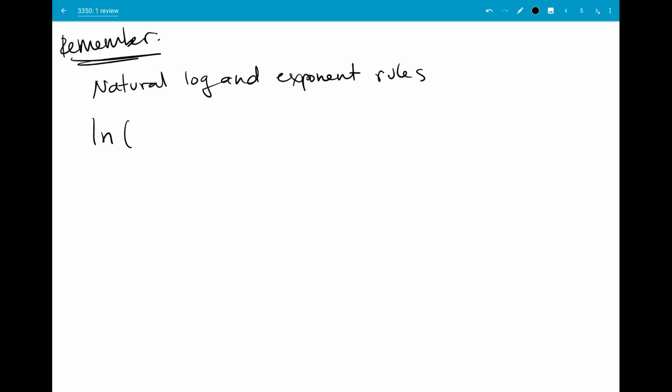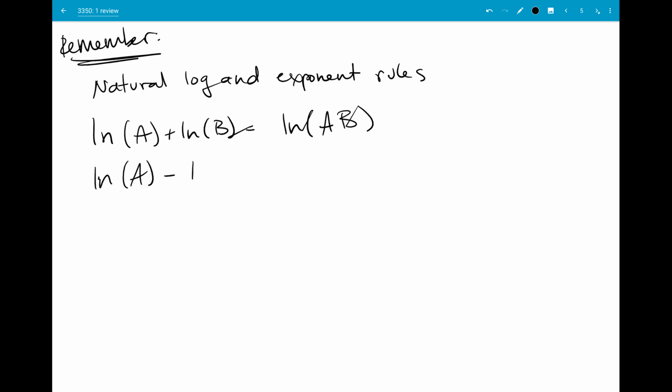So you might want to remember that ln of a plus ln of b is the same as ln of ab. ln of a minus ln of b is the same as ln of a over b.